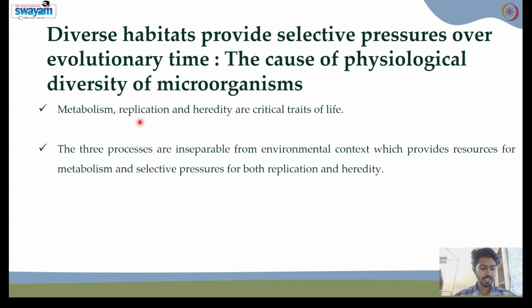The answer lies in their diverse habitats. These different environmental conditions put the microorganisms under pressure over evolutionary time. The microbes adapt to the specific environment that they live in, so by adapting, their metabolism changes drastically over evolutionary time.